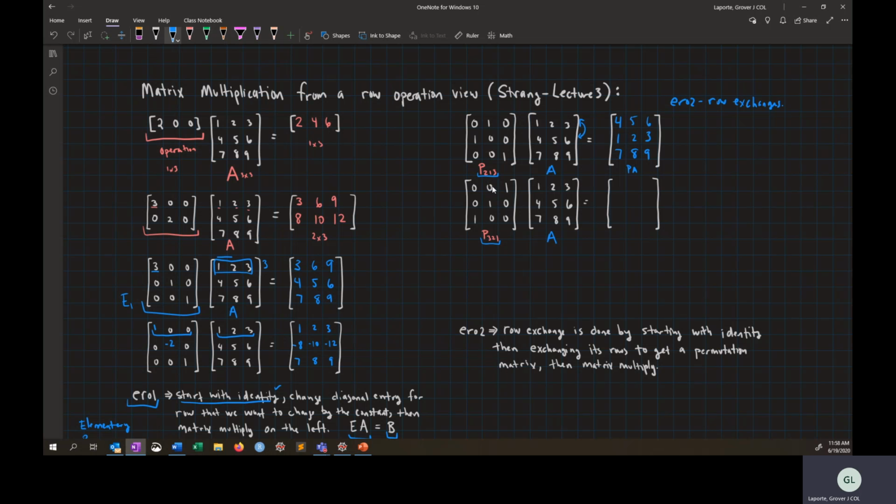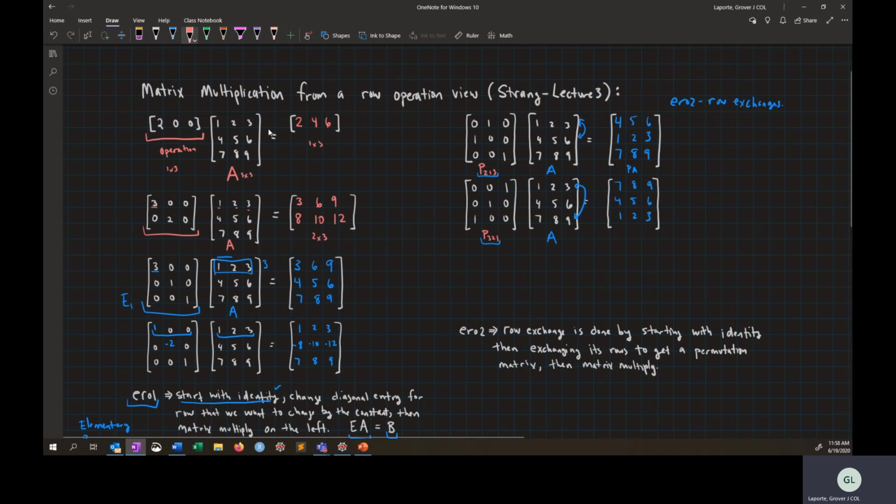So here we know, remember, row times this matrix just says take the last row. So 7, 8, 9, and you can multiply that if you don't remember that. This one means just take the second row. So 4, 5, 6, and this last one is just grab the first row. 1, 2, 3. Again, all you did was you swapped this one and this one.